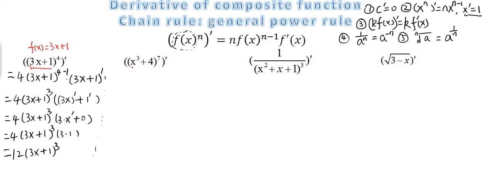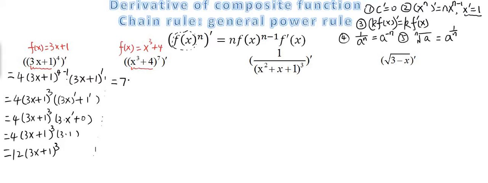We can easily identify f(x). f(x) equals x cubed plus 4. And we can plug into the formula. So f(x) is x cubed plus 4, the n equals 7, right? So we plug in here.